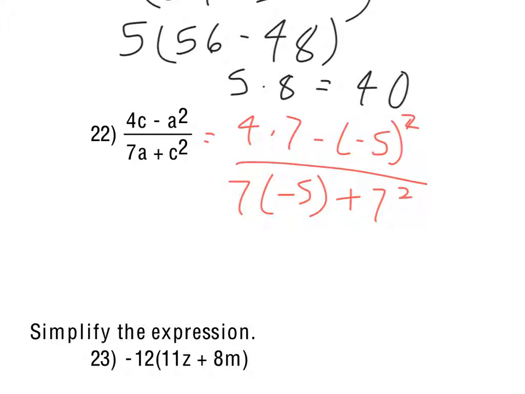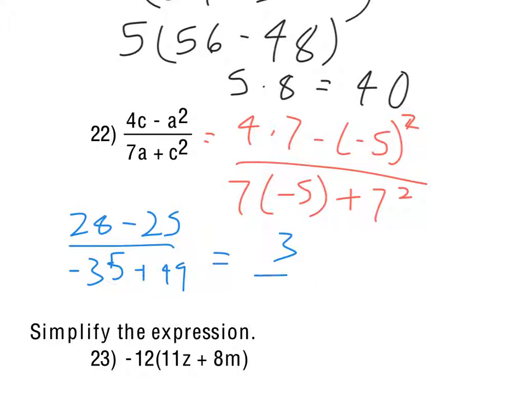And so doing the 4 times 7 gives me 28 minus a positive 25 over negative 35 plus 49. 28 minus 25, that's not too bad, it's just 3. And then really like a 49 minus a 35 would be 14. So 3 over 14 for that one.